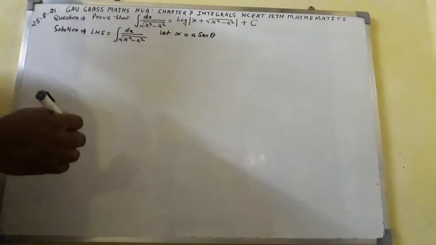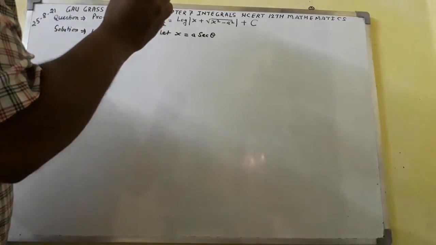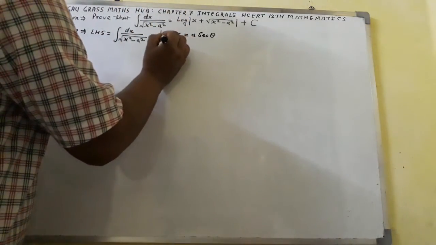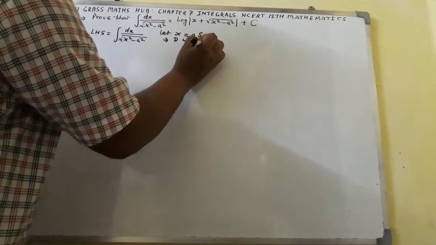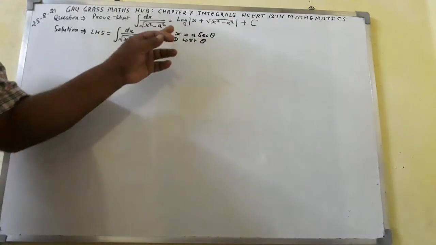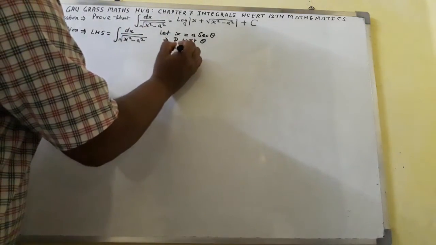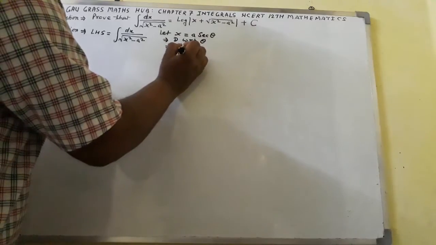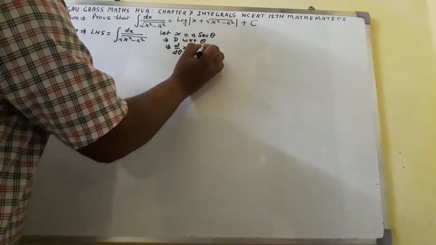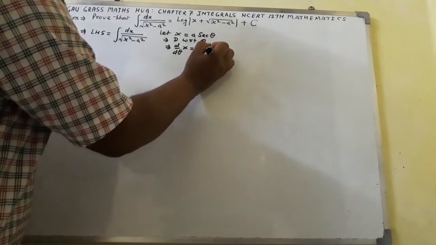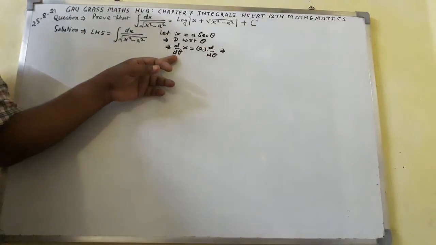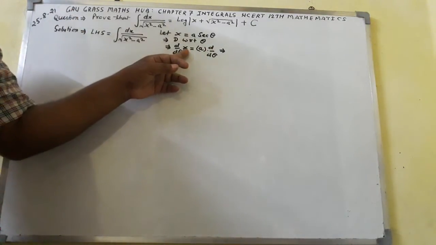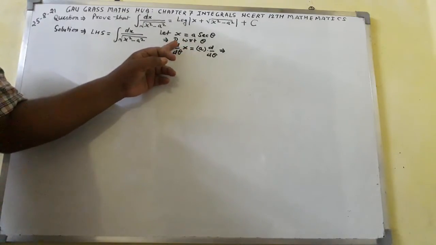What to do next? Now differentiate with respect to theta, that means differentiating x with respect to theta. You will get d over d theta of x equal to a, which is a constant, I shall write in bracket d over d theta of sec theta. Here theta is in the denominator, x is in the center, so we get dx over d theta.